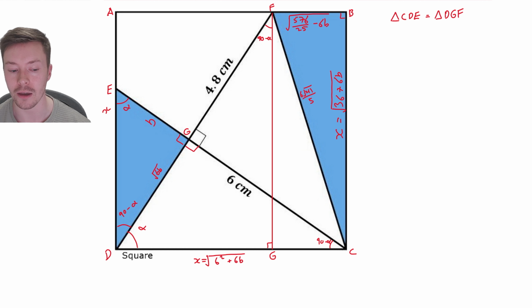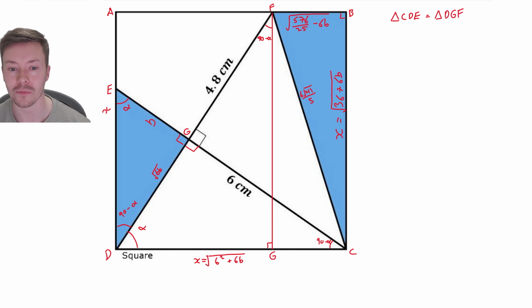So G to F is equal to D to C, because G to F is the height of the square and D to C is the side of the square. And so because they're similar, i.e. all the same angles, which means there's a scale factor between them, and one of the corresponding sides is equal, the scale factor is 1, the triangles are equal.